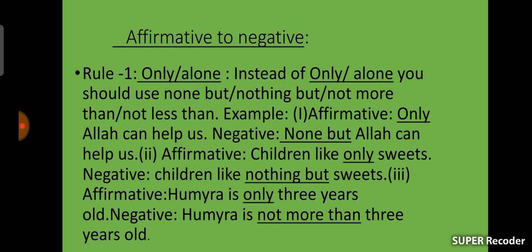Here only indicates the age of Humaira, so we should write not more than or not less than. Humaira is only 3 years old. Negative would be: Humaira is not more than 3 years old, or Humaira is not less than 3 years old. Okay, move on to the next.